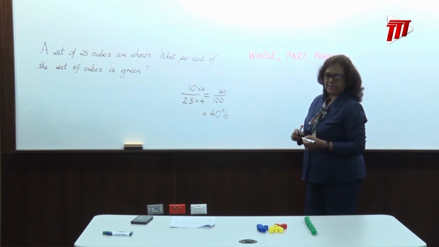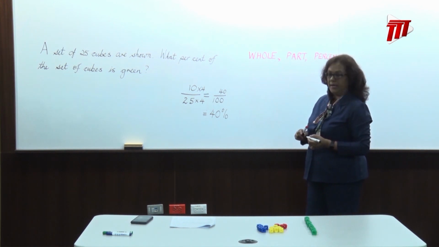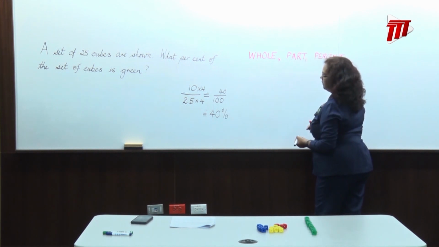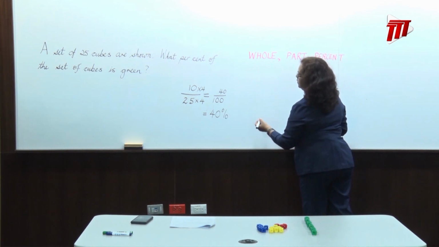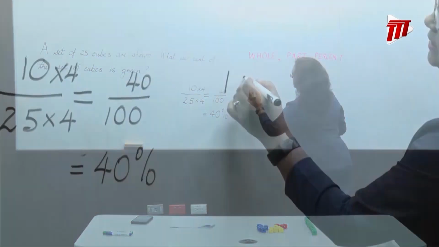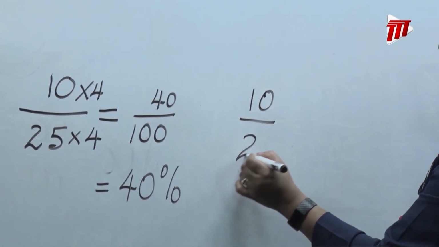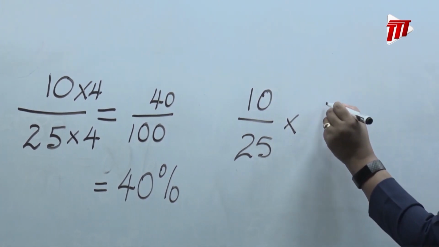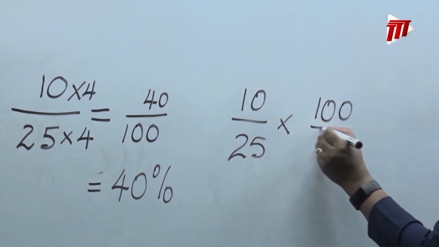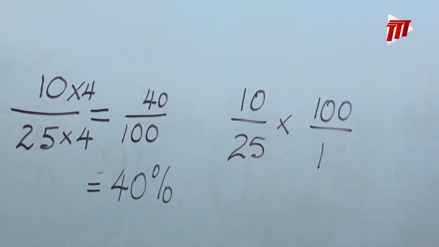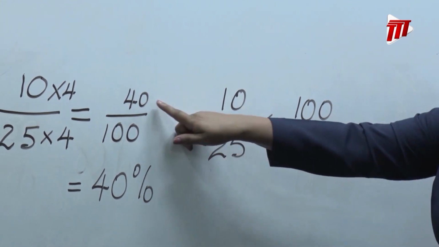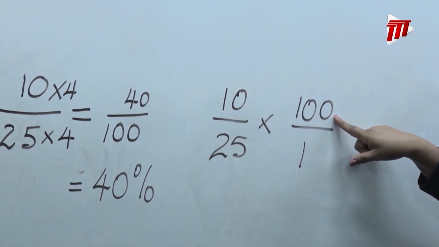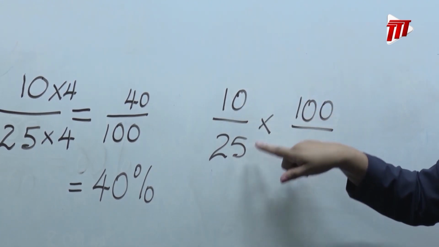Can I calculate that any other way? Yes, we can use the multiplication, which is really the equivalent fraction method in a simplified way. So I will write 10 over 25, and I'm going to multiply by 100 over 1, because I want to find this number out of 100 that will give me this equivalent fraction.